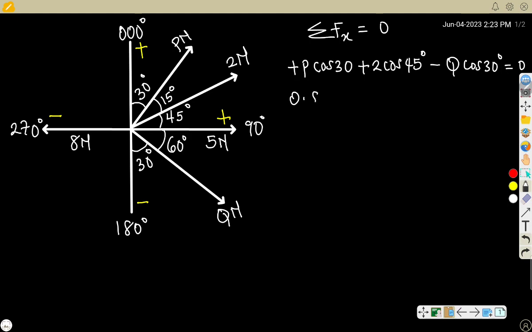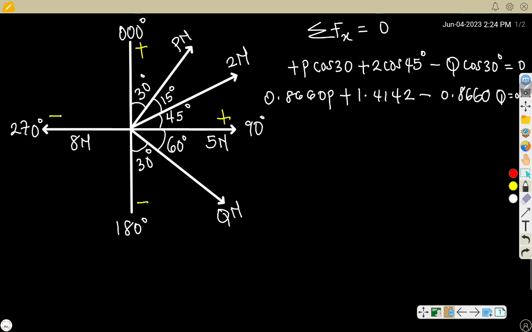So this will be 0.8660P plus 2 cos 45, that is 1.4142, minus cos 30 again, the same thing as 0.8660Q, and everything equals 0.